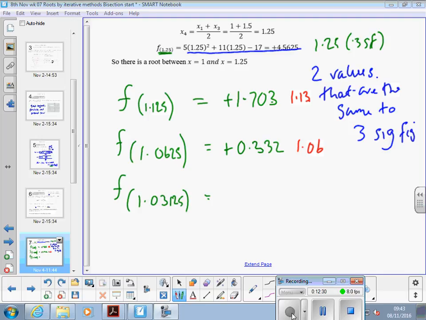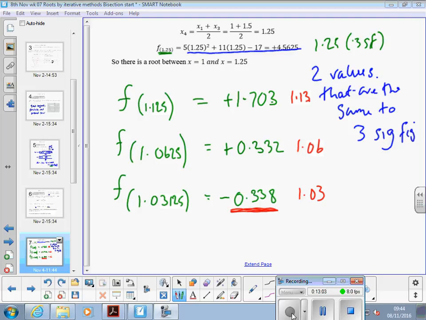The result of that function is minus 0.338. Yeah. So our root there, to three significant figures, is 1.03. At that point, we've changed sign now.